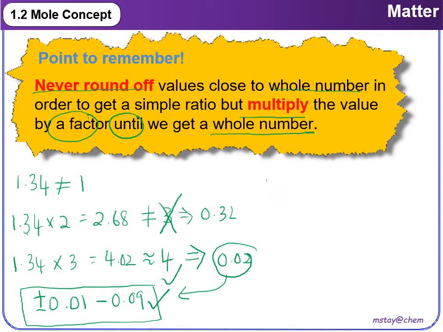Let's check with another example here. Let's say I have 1.27. We cannot round off to 1 because the difference is 0.27, which is not in this range.